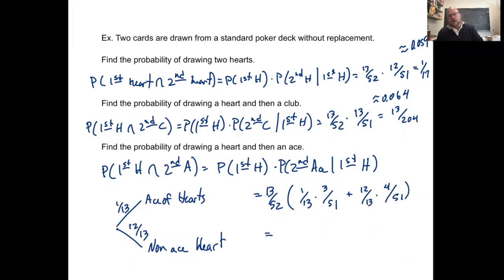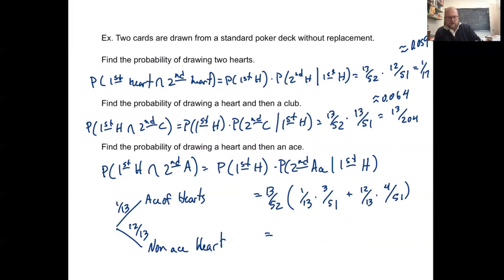So again, I have to turn to the calculator for this. So 1/13 times, and let's see, we'll have 3 divided by 51, plus 12/13 times 4 divided by 51.